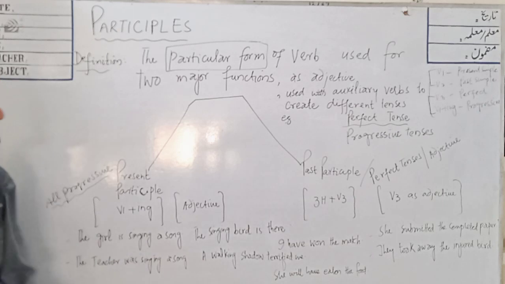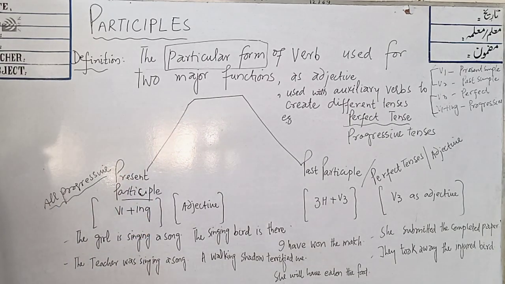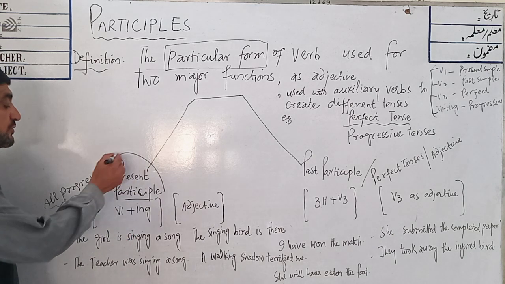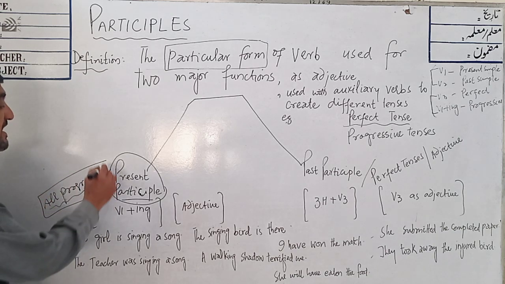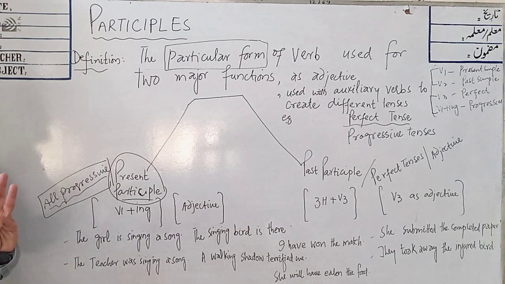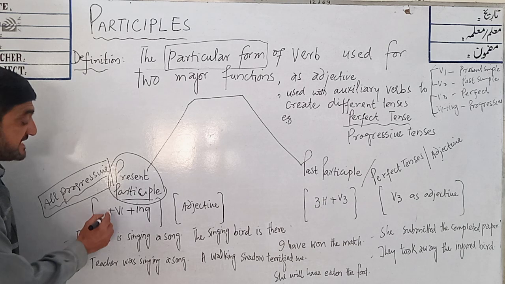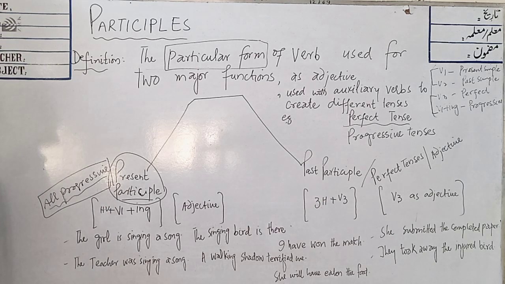Let's see the two types. The first one is called present participle. Present participle is used in all progressive or all continuous tenses. Present V1 plus ing, but there must be a helping verb because progressive is not possible without a helping verb.